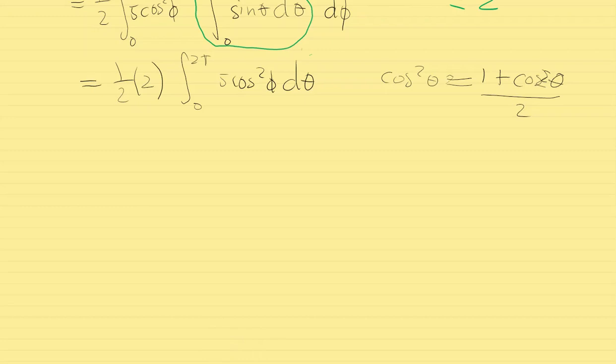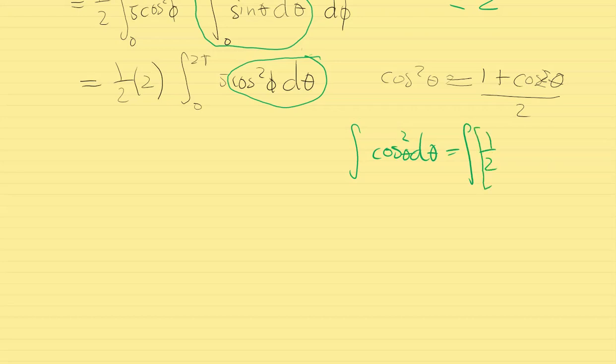So the integral of cosine squared d theta will be the same as the integral of 1/2 plus 1/2 cosine 2 theta d theta.